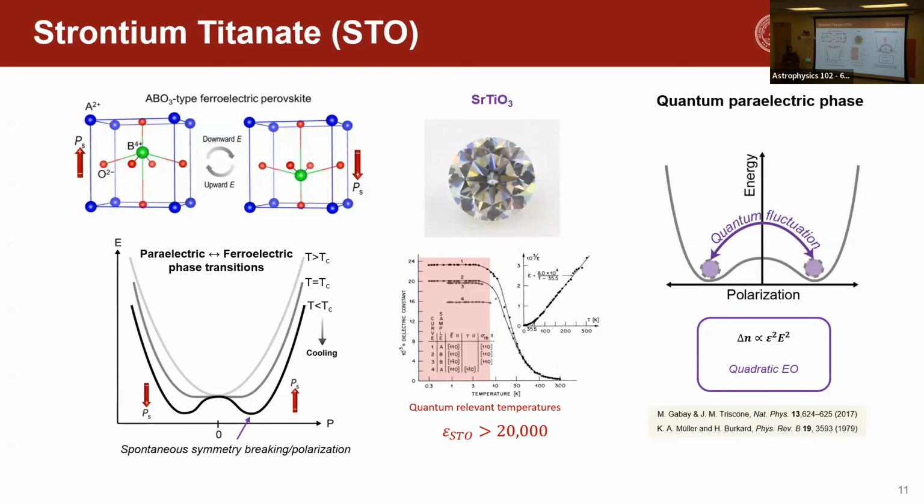So it never actually undergoes a transition from paraelectric to ferroelectric, but stays in this quantum paraelectric phase where you do have two non-zero polarizations that are energetically favorable, but the wall is small enough that quantum fluctuations will never bring you to one polarization or another.